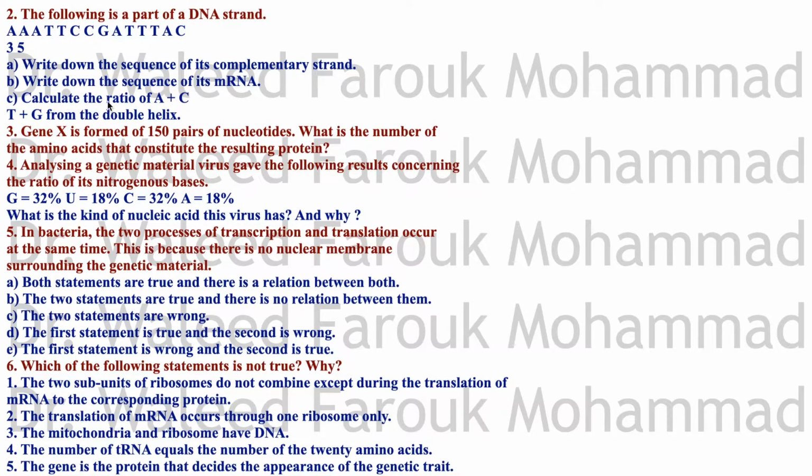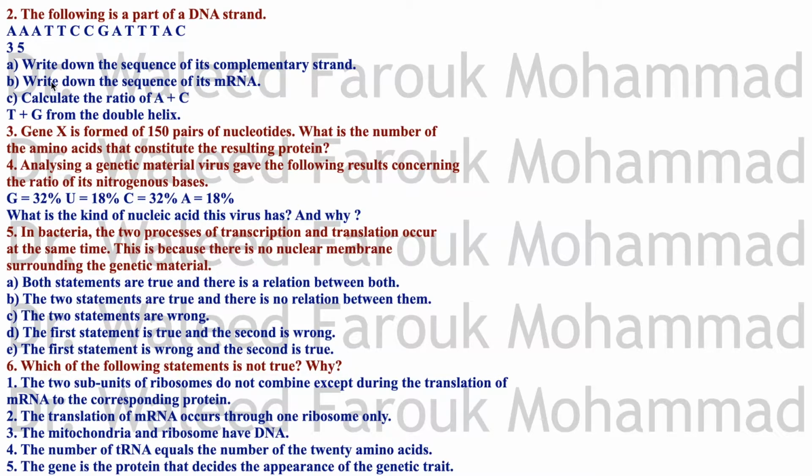Okay, write down the sequence in its mRNA. Instead of thymines, there will be uracil, so adenine UUU. Here thymine with adenine AA, GG, C, U, thymine with adenine AAA, UG.